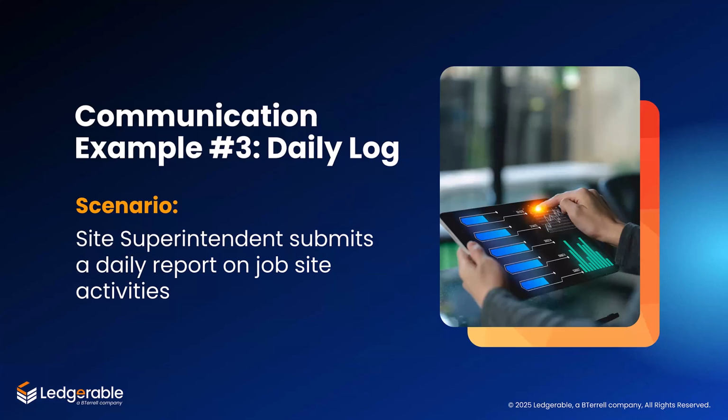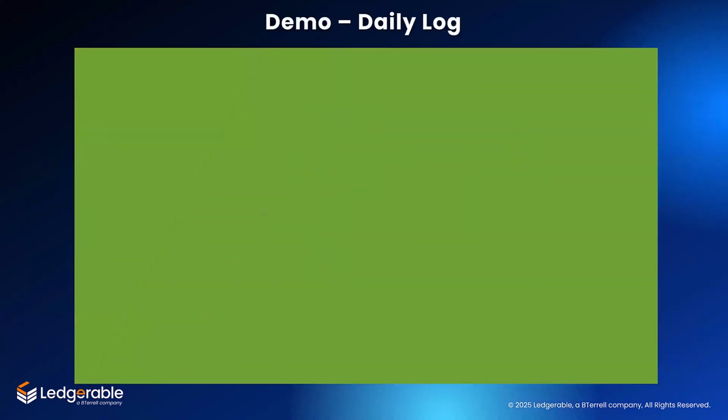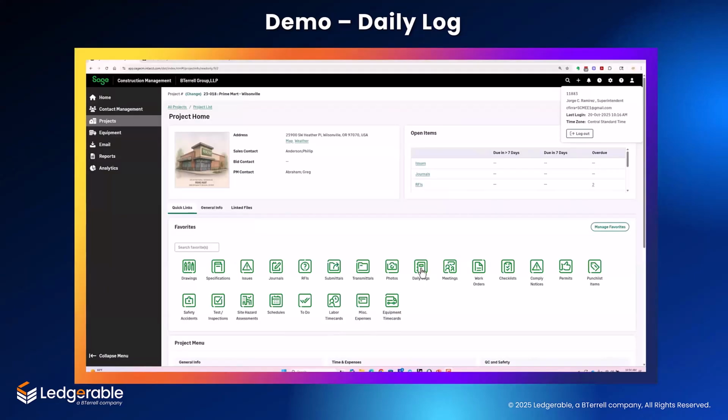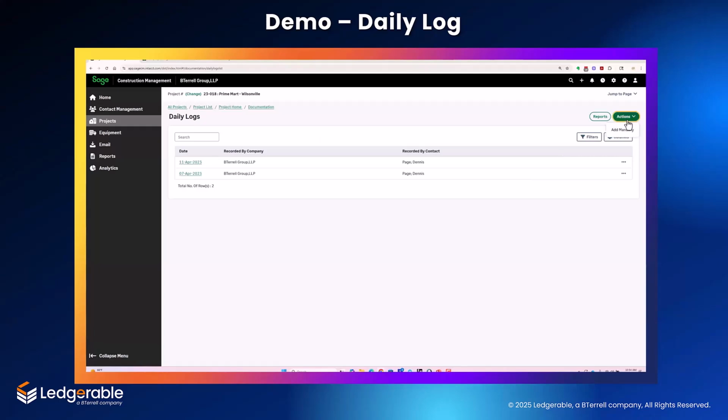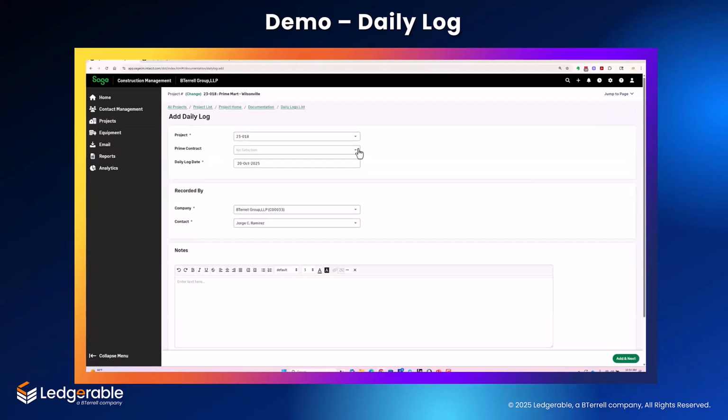So for our third example, let's see how a superintendent might use Sage CM to manage the daily log requirement in a simple to use but thorough way. The superintendent is logged in and goes into the daily log function.